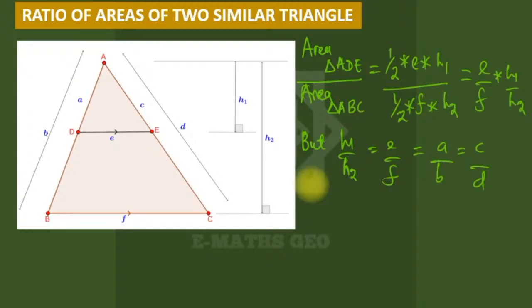I'm saying that because triangle ADE is similar to triangle ABC, so that's why it's so.